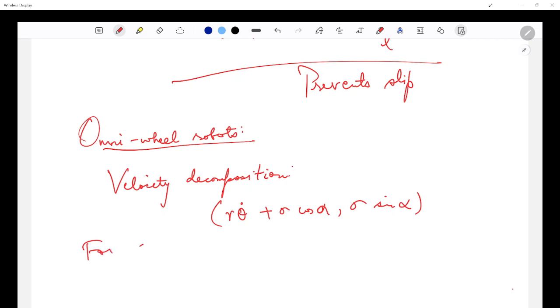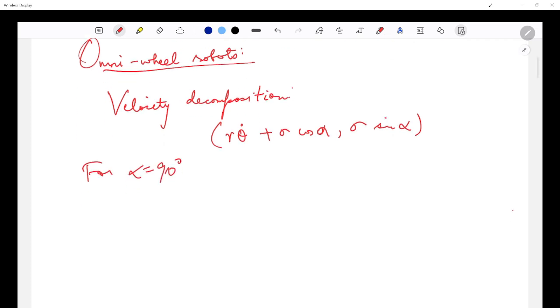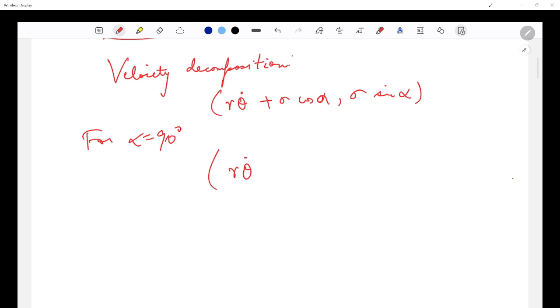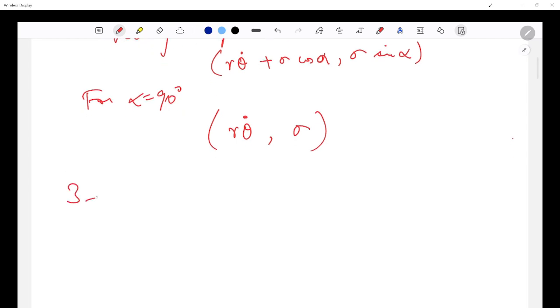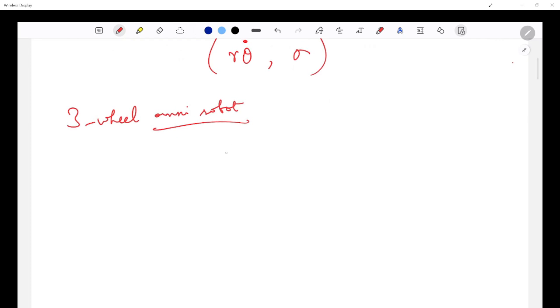So for alpha equal to 90 degrees, we have r theta dot, sigma. So for the three wheel omni robot, theta dot is r times x dot, y dot, psi dot. The key point here is that it is fully controllable and there is no steering needed.